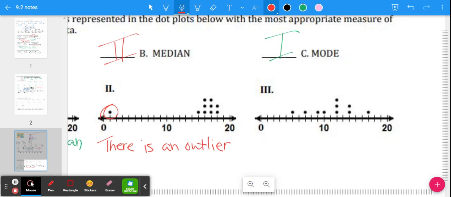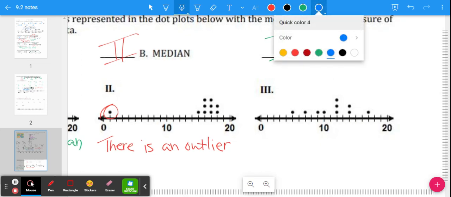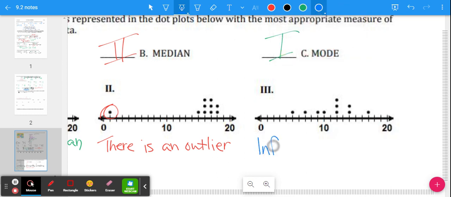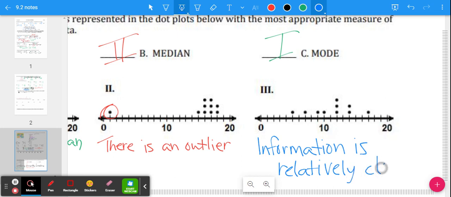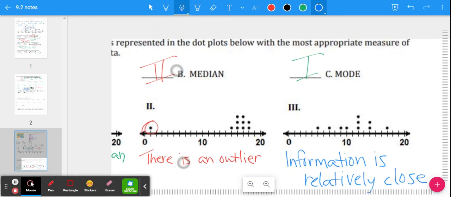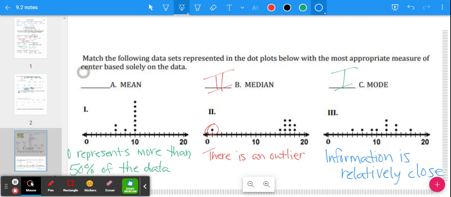And then the last one, most of the information is relatively close, meaning that there's no outliers, not all of the information is in one place, so therefore the mean is the best measure of center for that one.